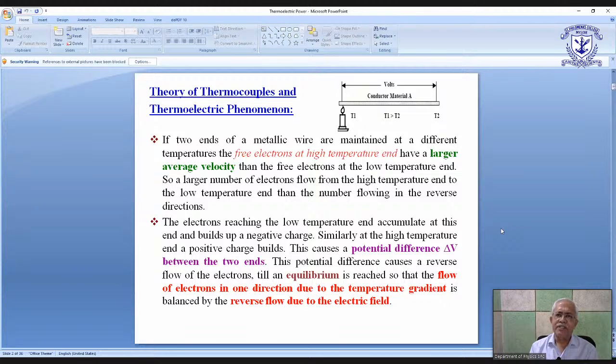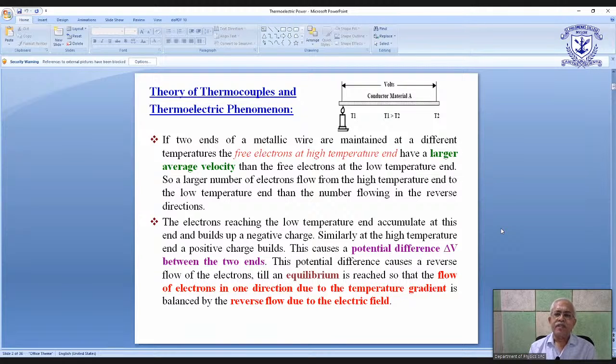If that happens, you will immediately realize that more electrons are accumulating at the end where the temperature is T2, the cold end. And since the electrons have left from the hot end, it acquires a net positive charge.